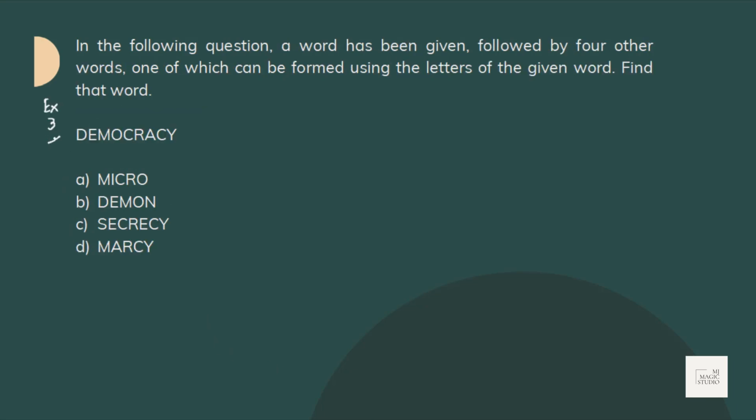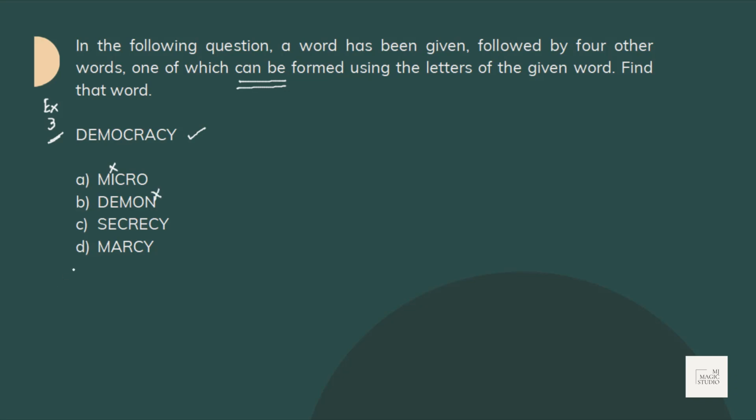Moving on to example 3, let's see what the question is. In the following question, a word has been given, democracy, followed by 4 other words which can be formed. This time it is about what can be formed, so we need to be very clear. MICRO, I don't think I is there.